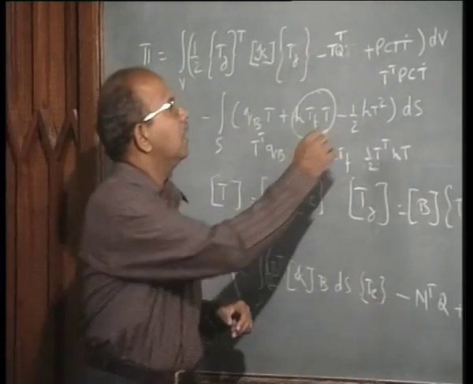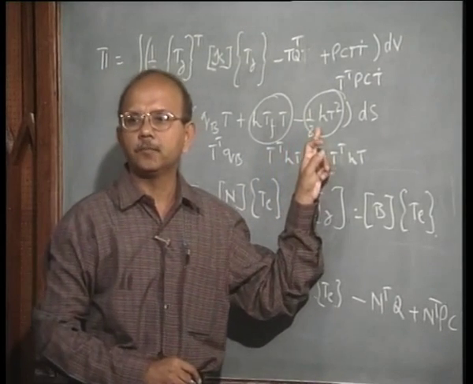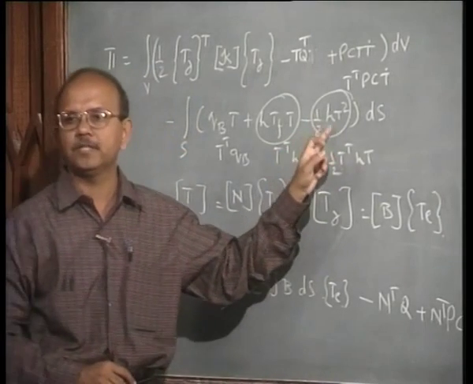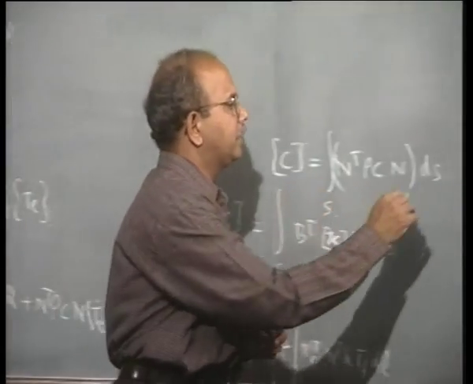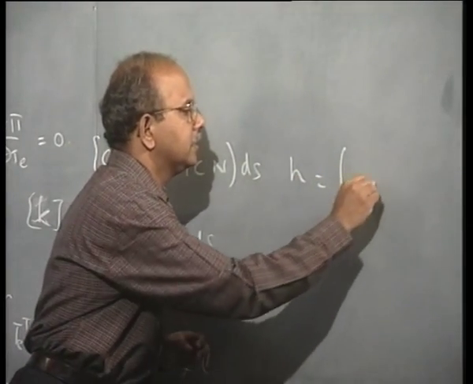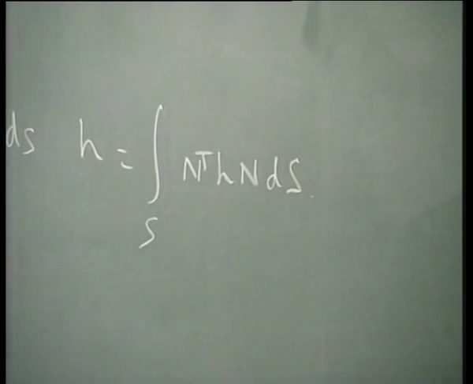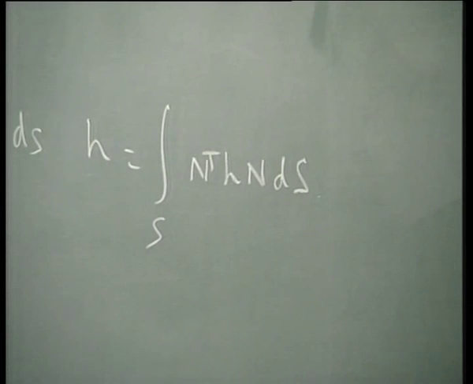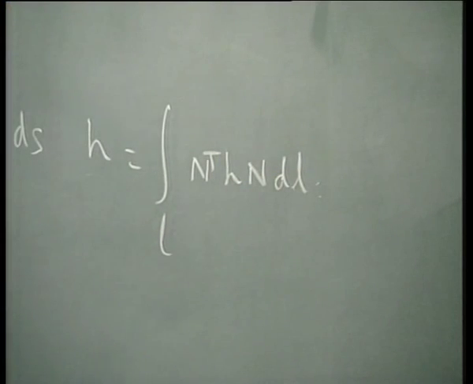This term now becomes half N T transpose N transpose H N T. For that, H is equal to the integral of N transpose H N dl, obviously, because it's a line integral.